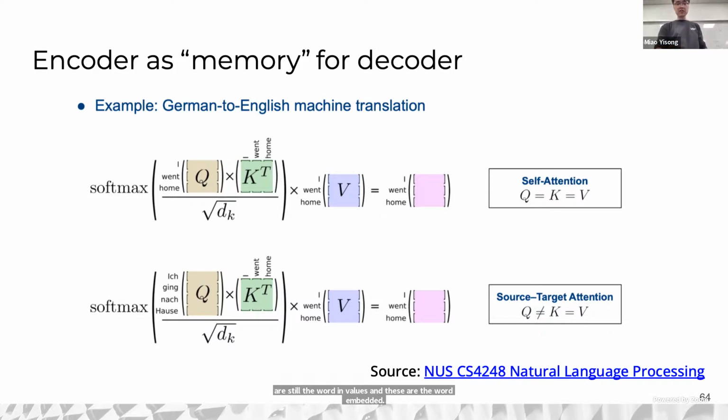But for the decoder, because we have the source-to-target attention, the query is different from the key and values, because the key and values come from the source language. You can see that in the encoder, the Q is "I went home", and K is "I went home". But as for the decoder, the query actually comes from the German sentence, which is "Ich ging nach Haus", but the target is the English, so "I went home". Okay, clear?